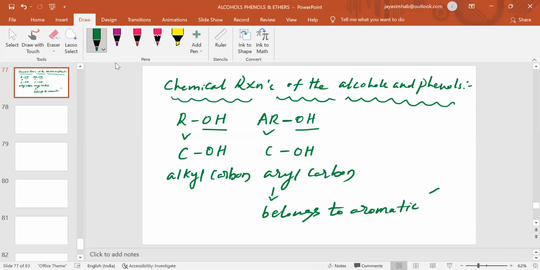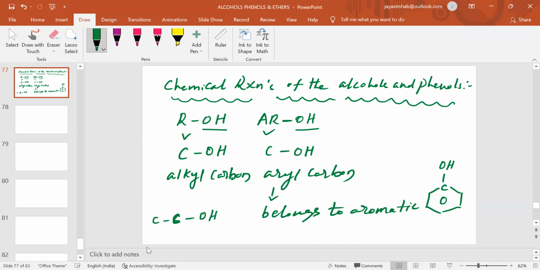Suppose I write like this: this carbon, which is attached to the hydroxyl group, is part of the aromatic ring, like this. But here it is attached to an alkyl carbon, a normal hydrocarbon chain like this.